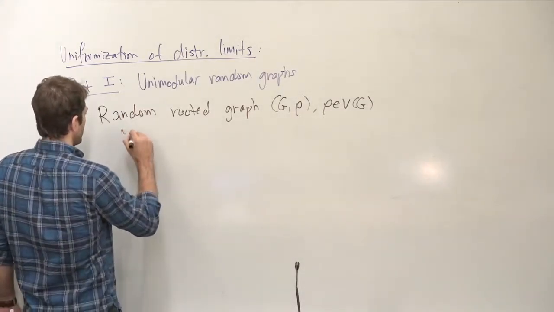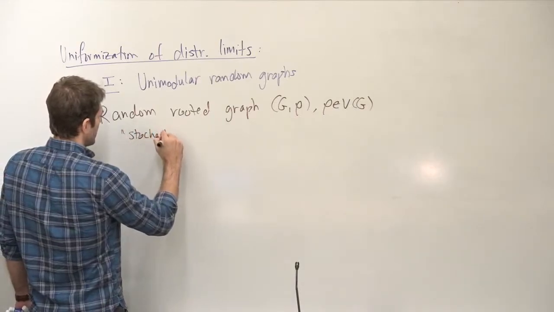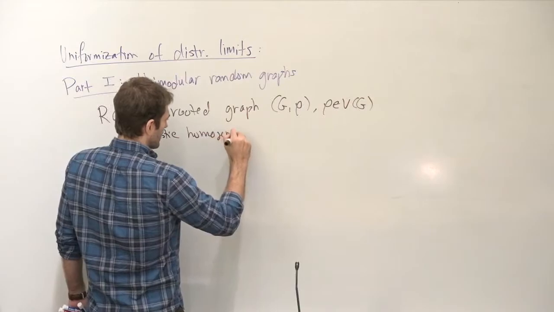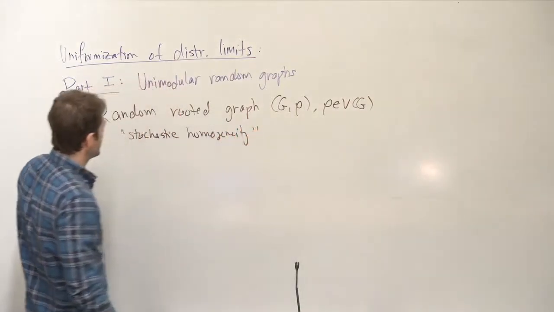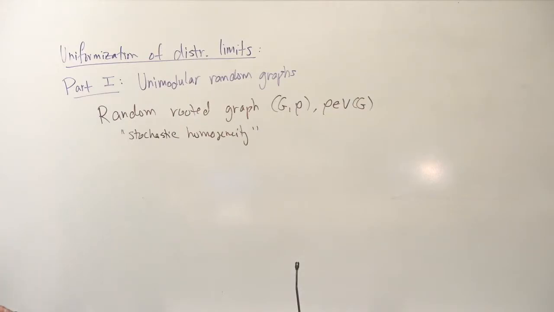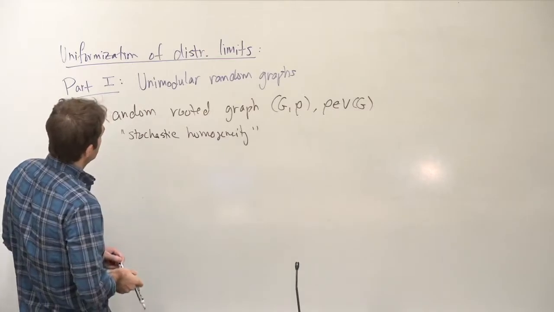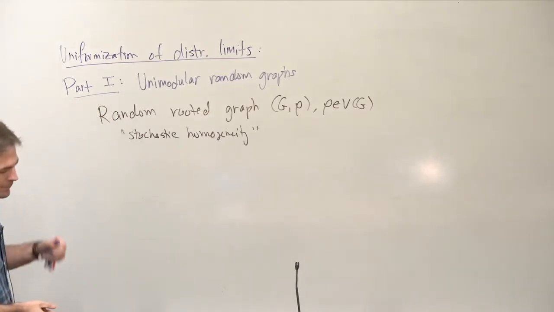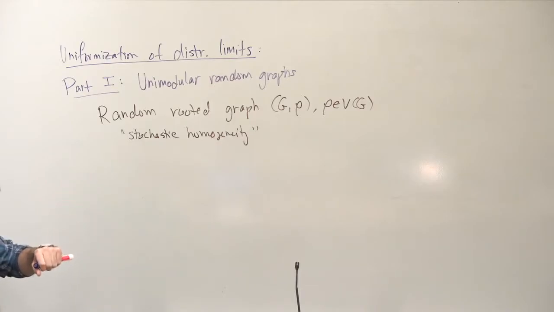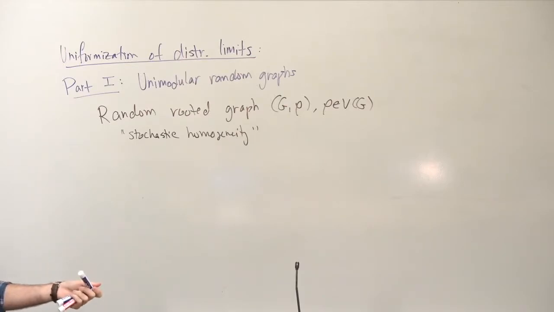But this model is supposed to capture some kind of random models that are stochastically homogeneous, in the sense that, maybe a good motivating example is if you take, say, the integer lattice Z^3, and then with probability p, independently delete every edge, then you get a random graph, which is not transitive, obviously.